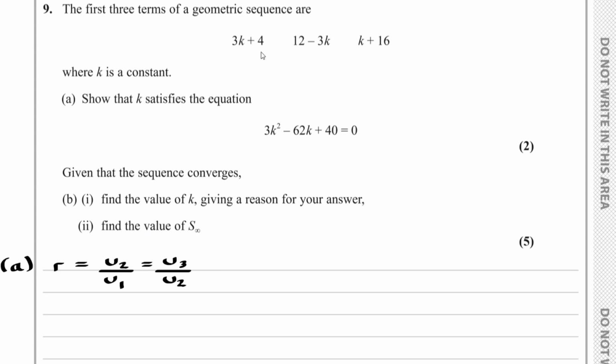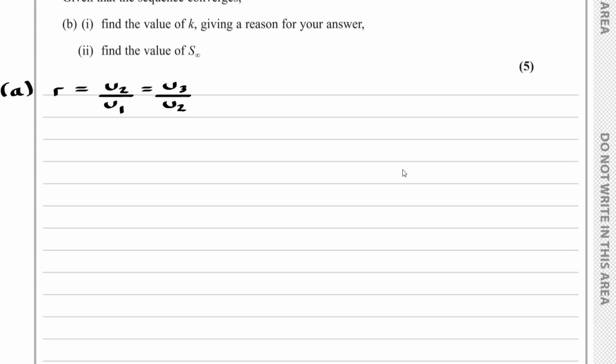We know what the first, second and third terms are, which means we can find an equation in terms of k. So we've got u2, which is 12 subtract 3k, divided by u1, which is 3k plus 4, and this is equal to u3, which is k plus 16, divided by u2, which is 12 subtract 3k.